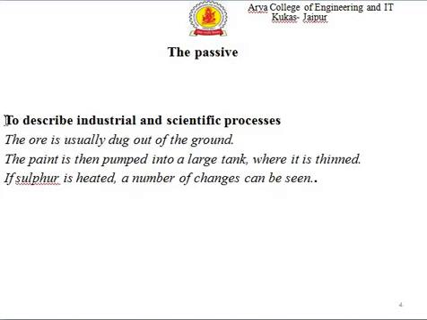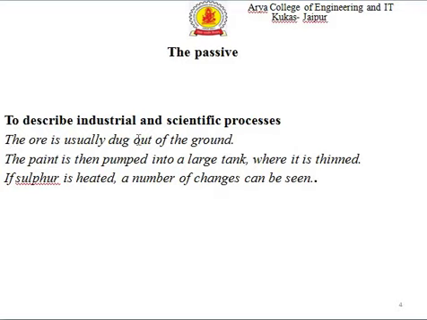Now, to describe industrial or scientific processes, as we said, passivization is a completely impersonal mode of communication. So we use this in any professional or scientific communication, describing processes. Example here, I have taken the passive directly.